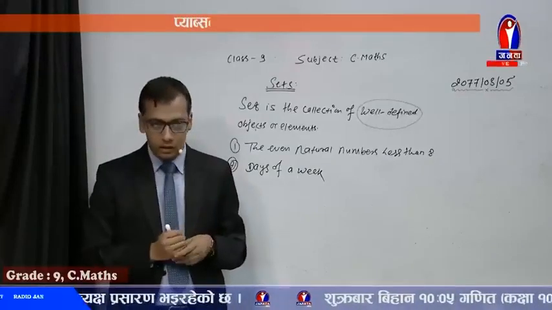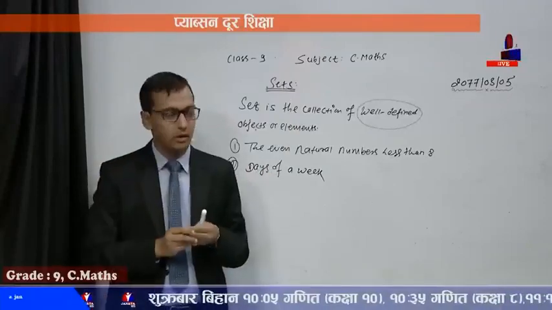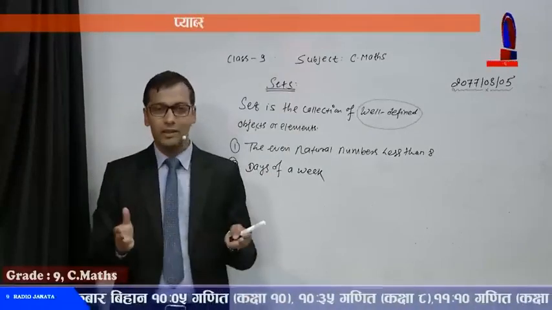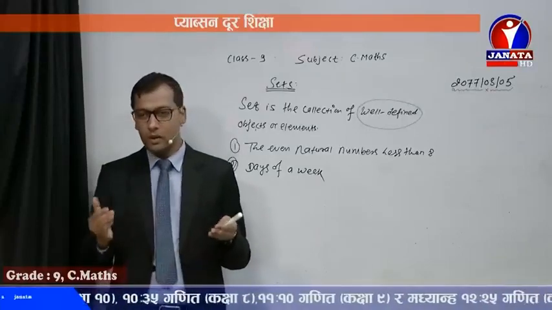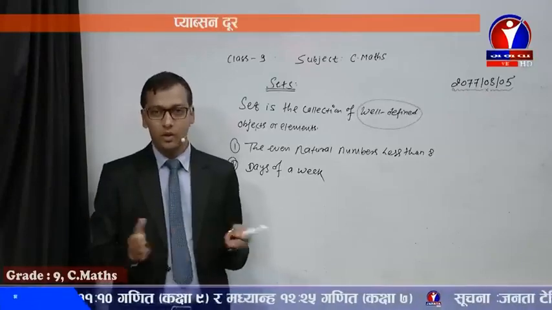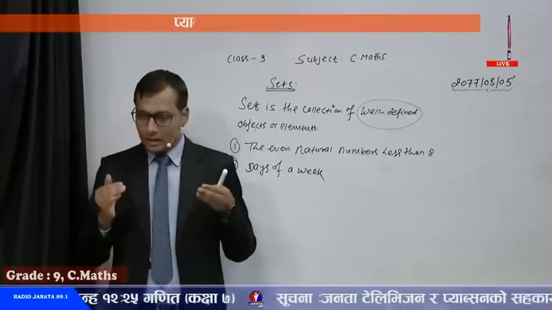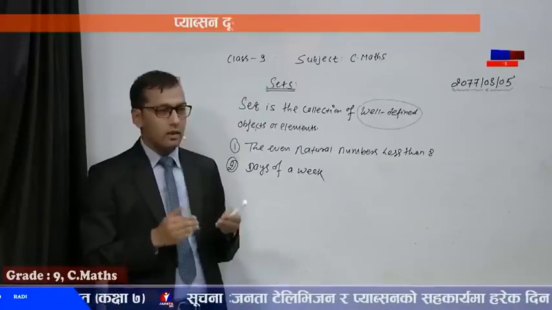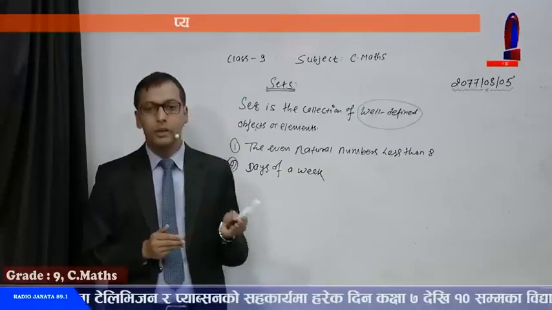Can we have a fixed answer from every one of us? No, obviously no, because there is a chance of getting different answers, because different persons have different opinions on choosing the persons who are most intelligent. So these are the examples which cannot form a set, which cannot belong to a set.